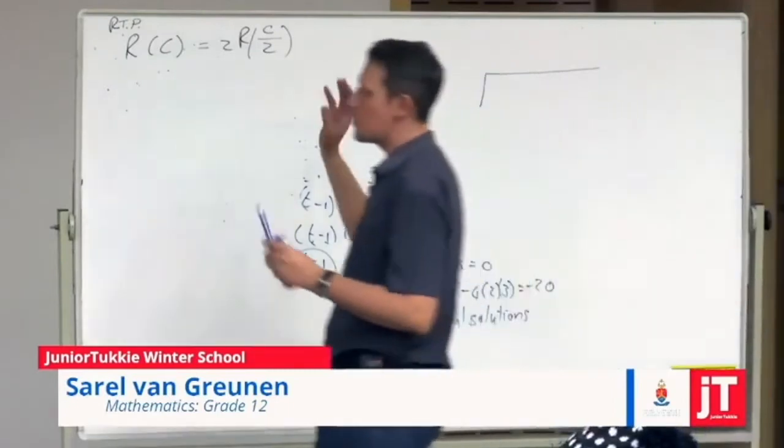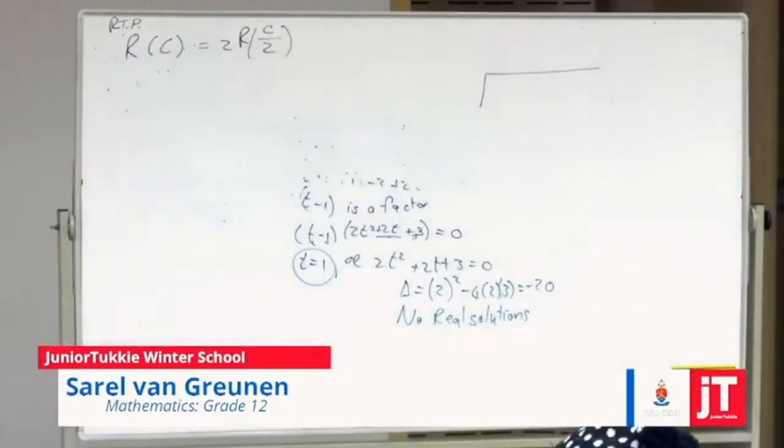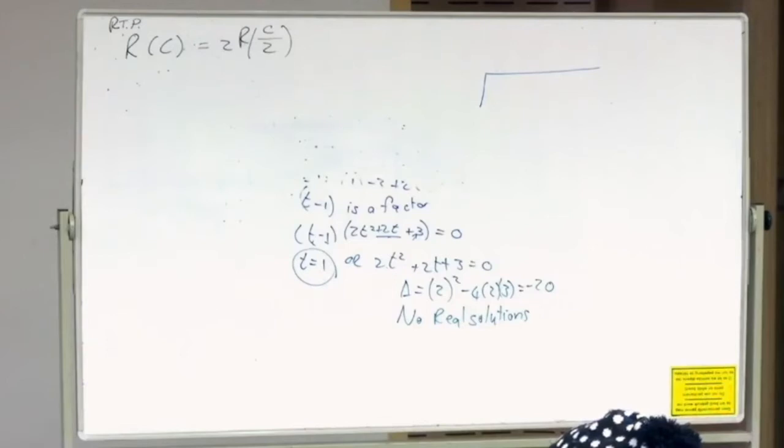If I want to prove left equal right, how did I do it in trigonometry? I started left and manipulated the living daylights out of that thing. And then I went over right, and I also manipulated the living daylights out of that expression to eventually get them equal.